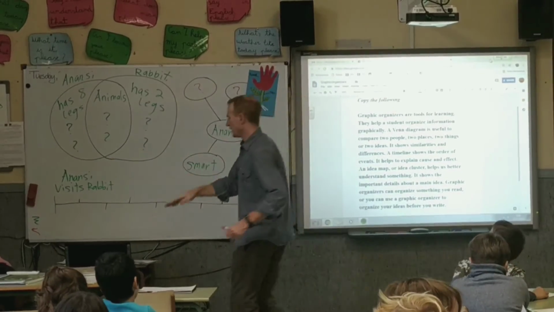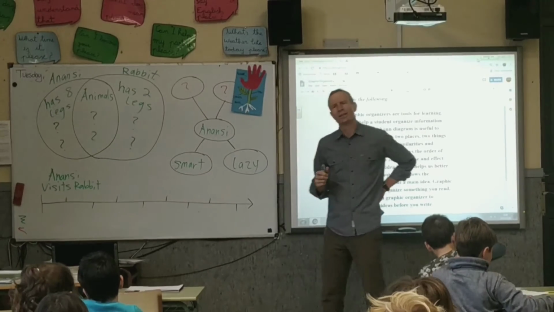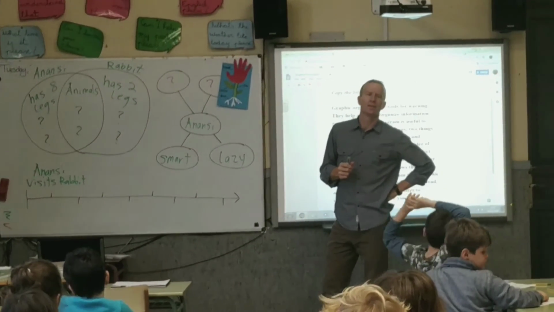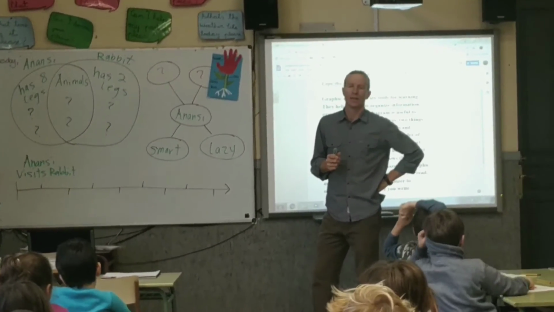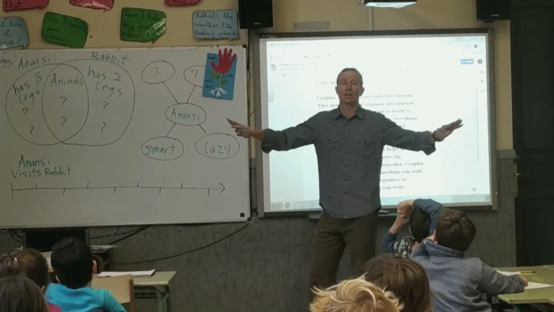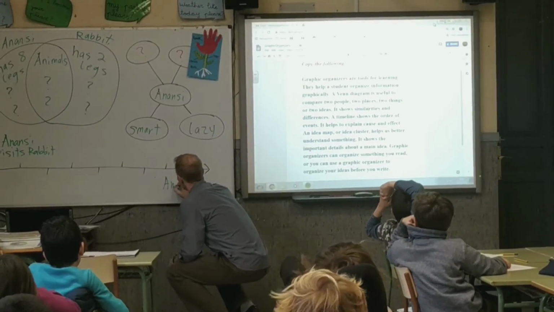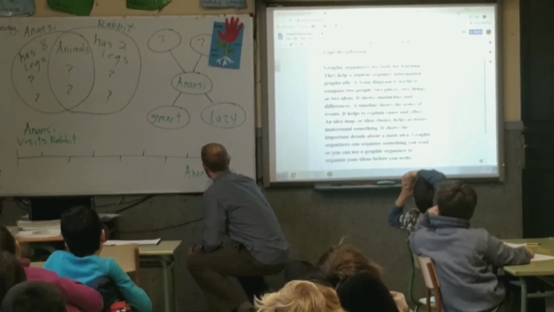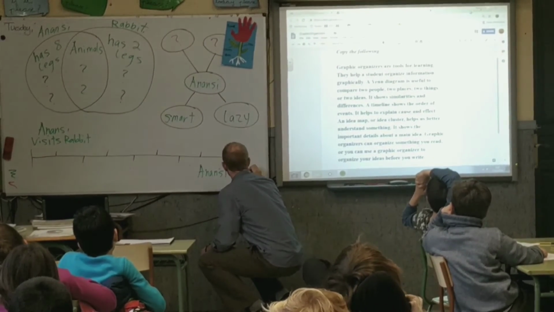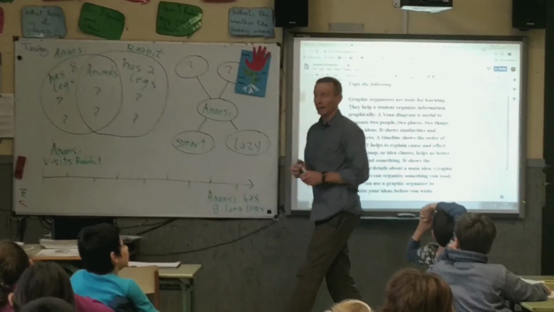And then many, many different things happen until the end of the story. Do you remember what happens at the very end of the story? Anansi has 8 legs, but they're long. So at the end of the story, Anansi has 8 long legs.